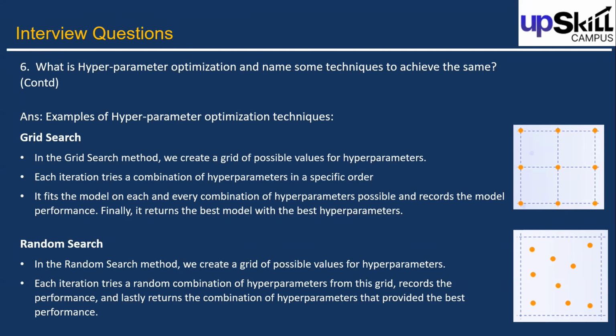So this is basically Bayesian search. It solves the problem of grid and random search. It takes relatively less time than grid search and gives more accuracy than random search. So it is somewhere in between because it learns after every iteration. Does anyone have any questions on that?